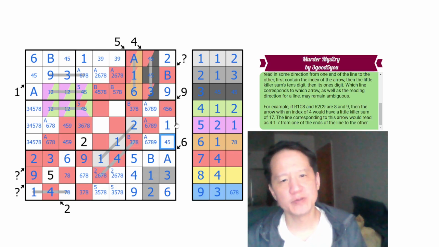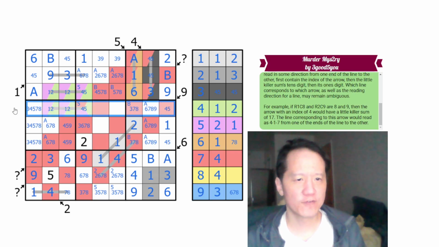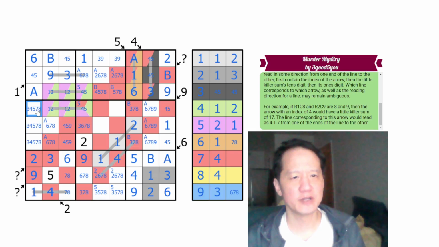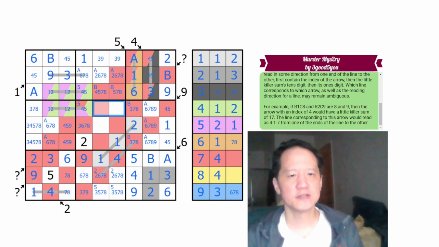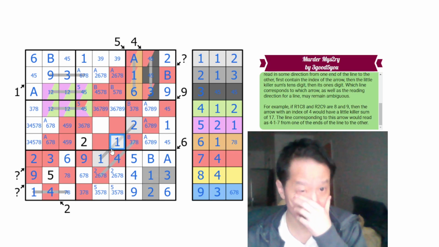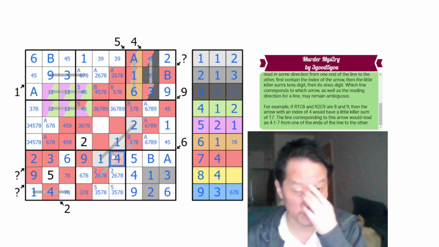We have a 4, 5, 4, 5 pair in row 4, so it eliminates 4 and 5 from the rest of the row. This can't be 4, 5. This has to be 3, 6, 7, 8, 9, which is still pretty broad.